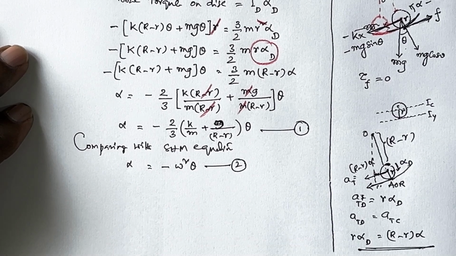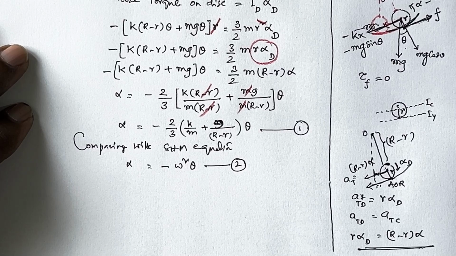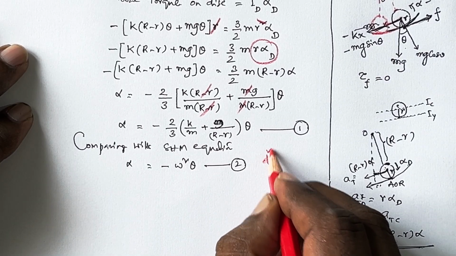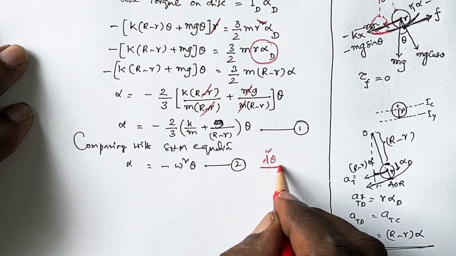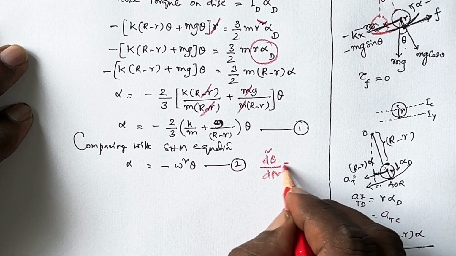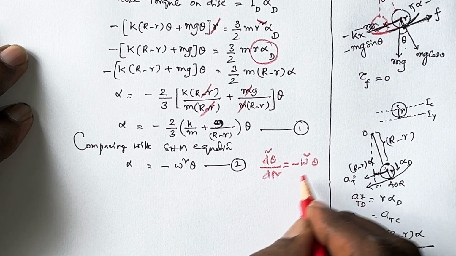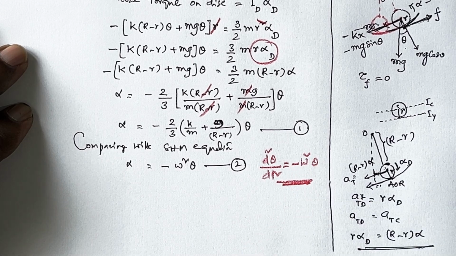This equation can also be written, actually you might have studied like this: d square theta by dt square is equal to minus omega square theta, since alpha is d square theta by dt square. Right? This is another form of the same equation.